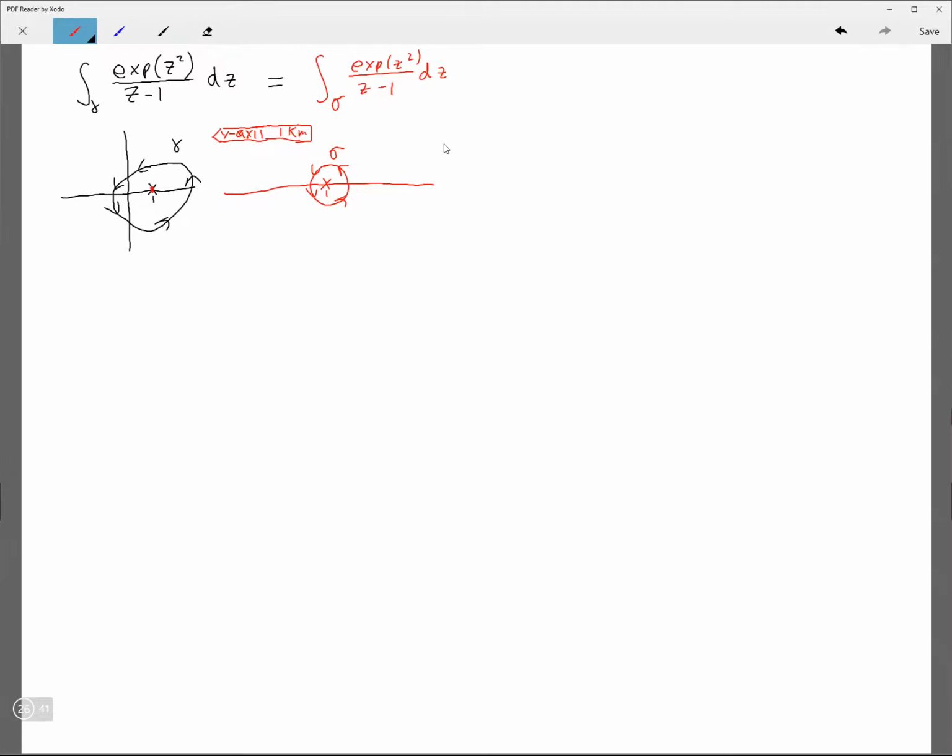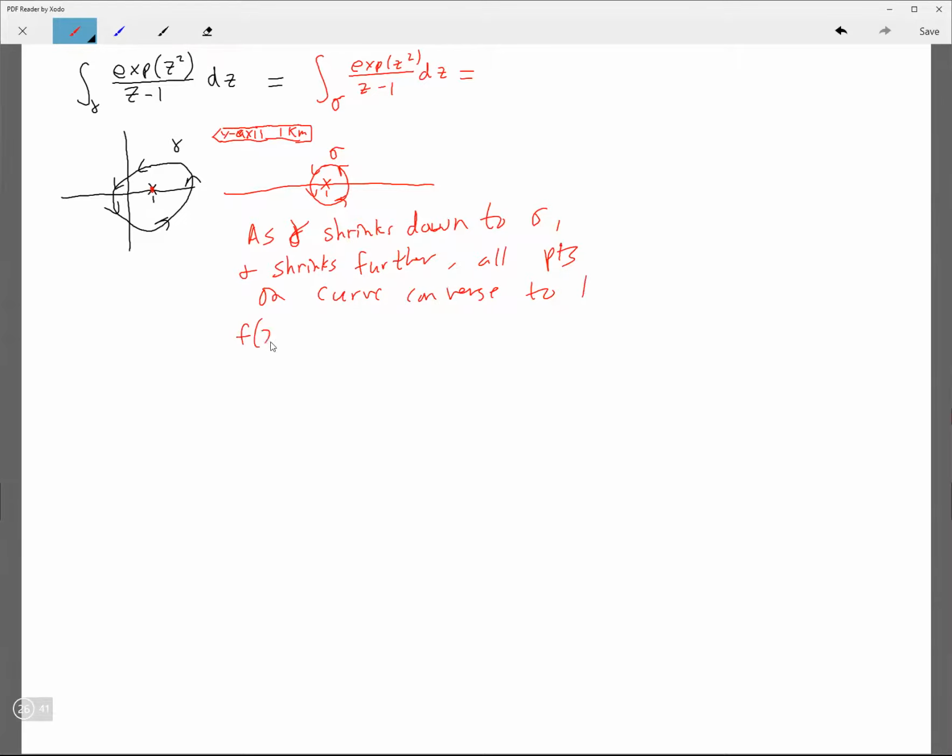Now, if you keep on shrinking down, as gamma shrinks down to sigma, and then you just keep shrinking more and it shrinks further, all points on the curve converge to 1.